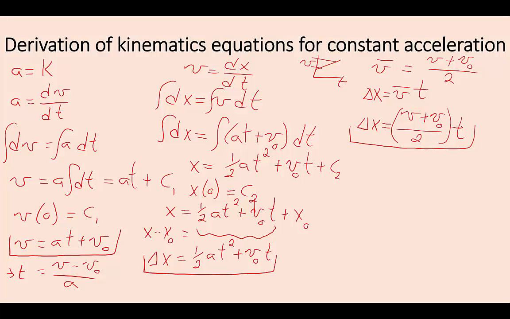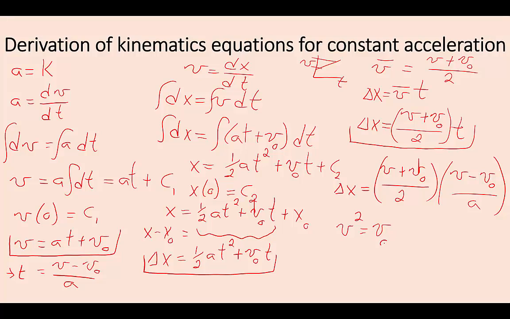So then, delta x is equal to (v plus v naught) over 2 times (v minus v naught) over a. If we simplify this out and put it into the format we're used to seeing, this becomes v squared is equal to v naught squared plus 2a delta x.